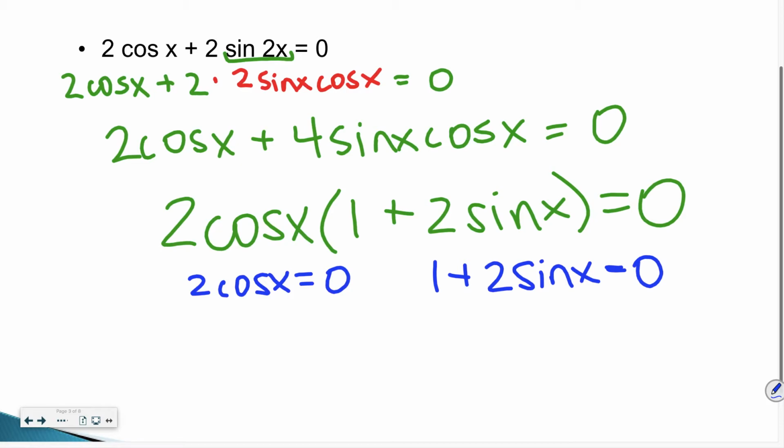Give me solutions between 0 and 2 pi. So where does the cosine equal 0? Okay, so you can just write me those angles without having to do the plus 2 pi n. That's how your homework's going to be this weekend.